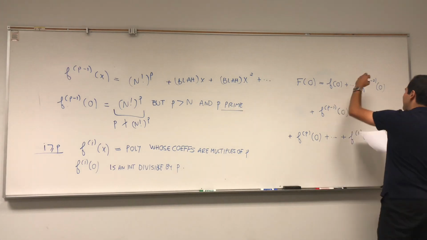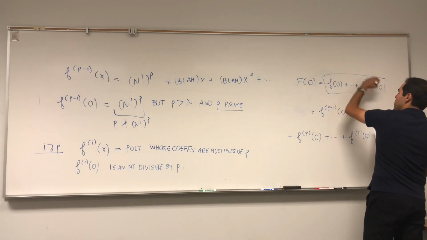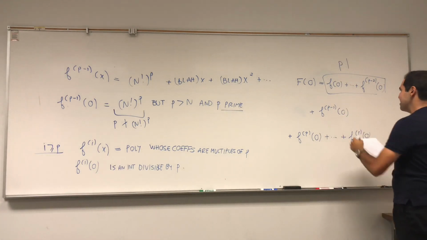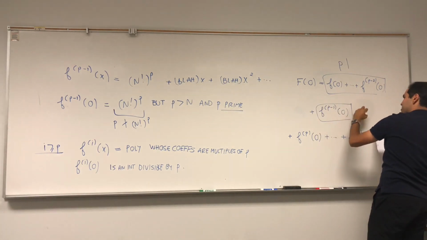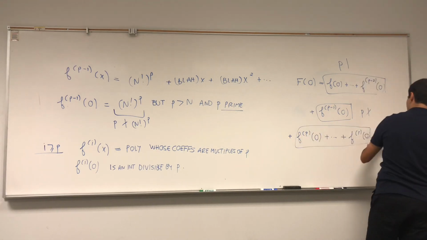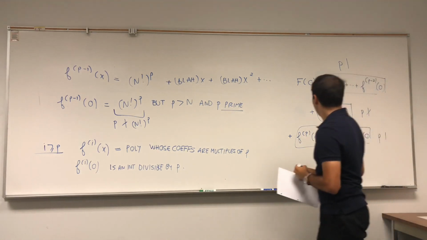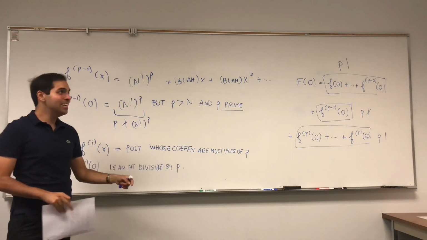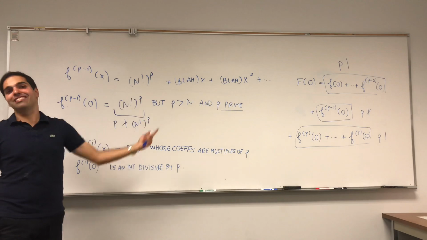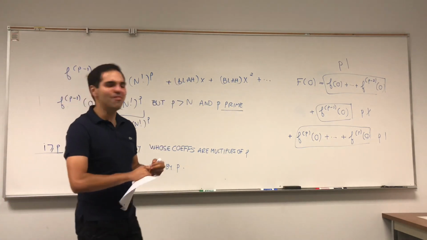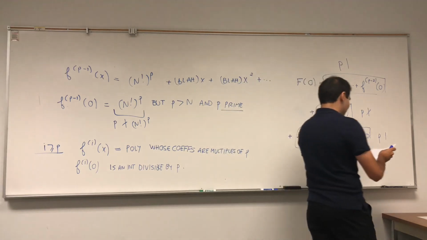Now, what have we shown? We've shown that p divides that. Okay. P doesn't divide this number, and p divides this number. So what do we have? We have a sum of a bunch of terms that are divisible by p, but this one term that's not divisible by p. So in particular, if you take the sum of all that, it's not divisible by p.